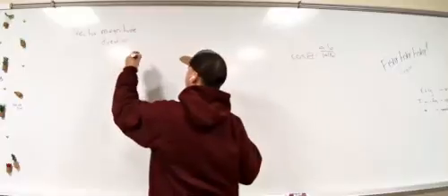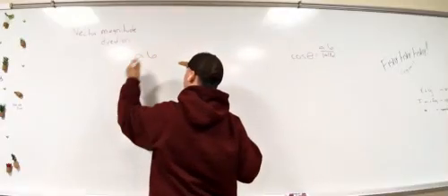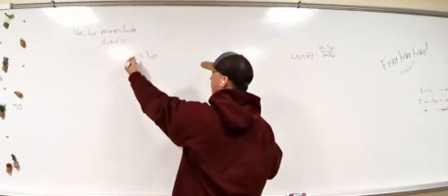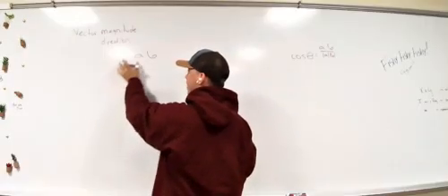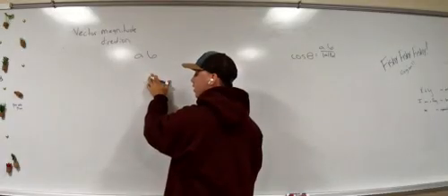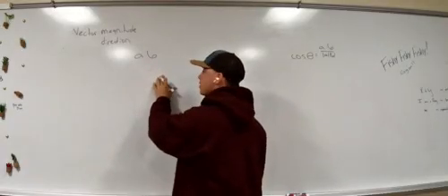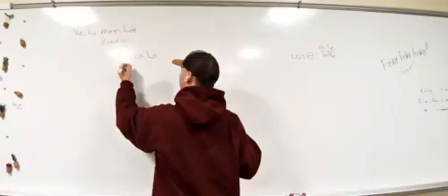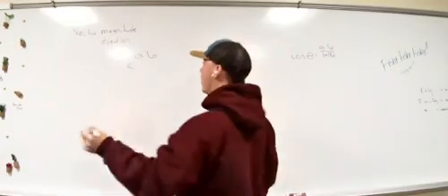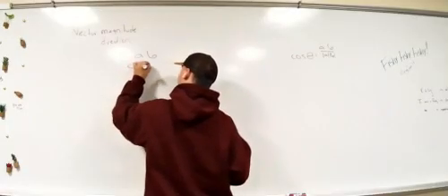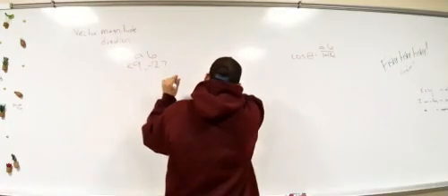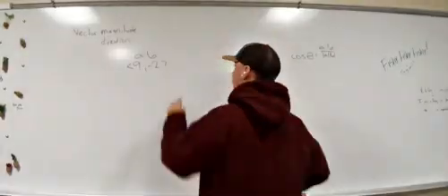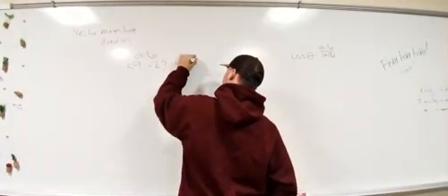So we're going to find the dot product of a and b. And finding a dot product, if you remember, is just multiplying the values. So the x value of a times the x value of b, and then adding that to the product of the y values. So a is 9 comma negative 2, and we take the dot product of that with b, which is 3 comma 8.